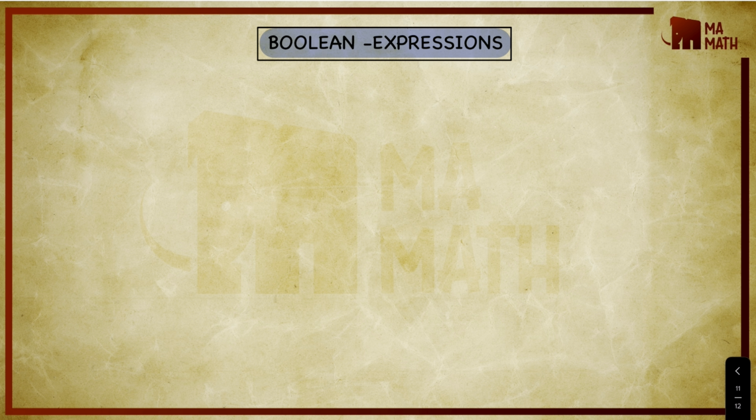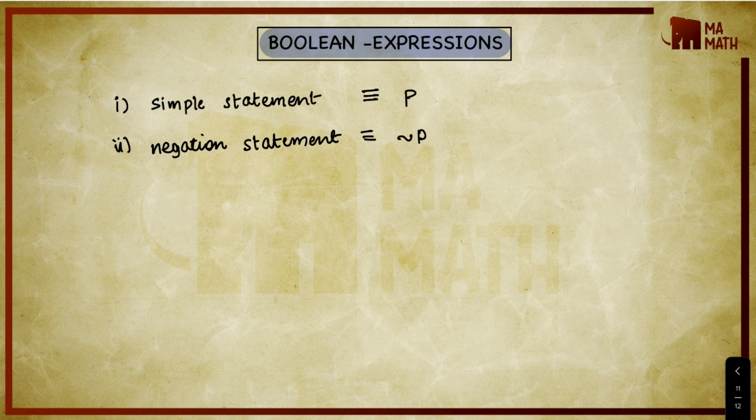So we know that a simple statement is represented by a simple letter, for example here P. A negation statement is simply this kind of symbol.